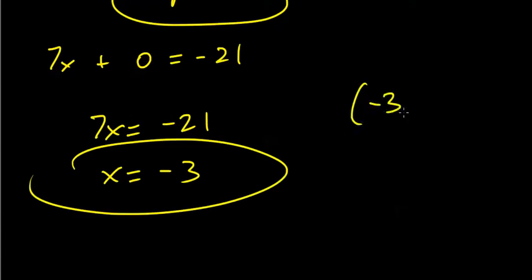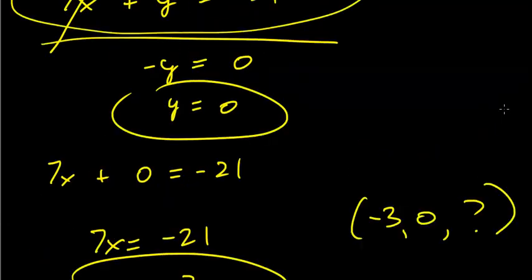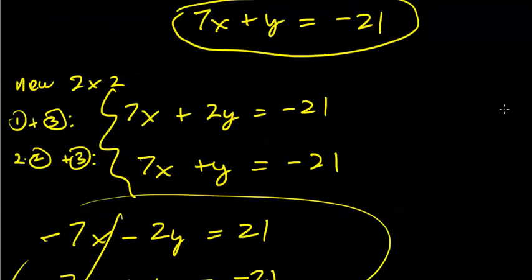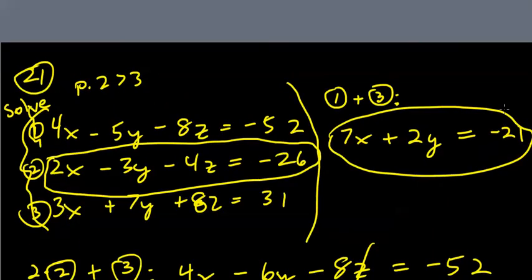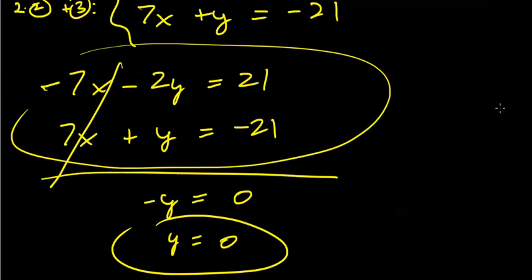Alright, so when x is minus 3, y is 0, and I have to then ask what's z. And of course, what I'll just do is go to any one of my original 3 equations, plug in for x and y, and solve for the unknown z. Alright, I'm going to use the second one, 2x minus 3y minus 4z equals minus 26.